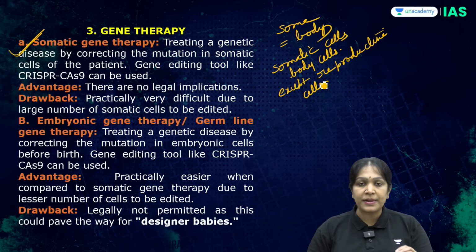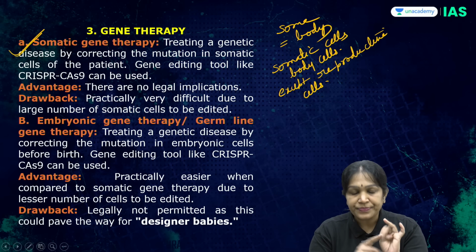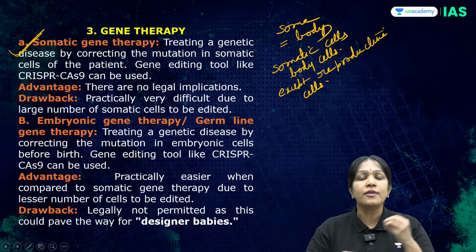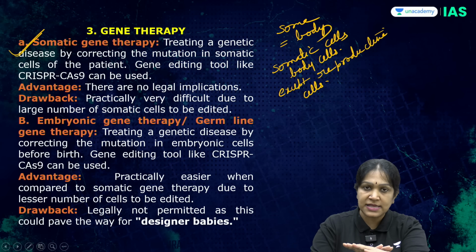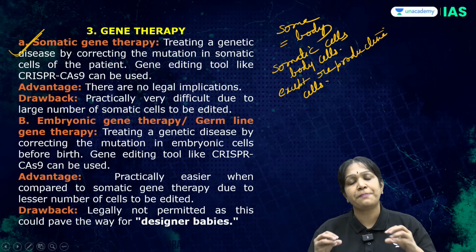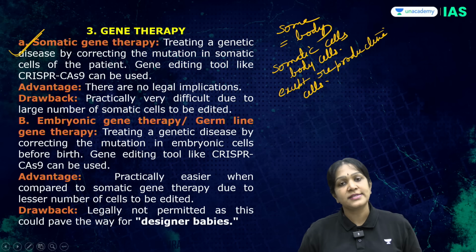For example, egg cell, sperm cell, zygote, these are the reproductive cells. Leave them. Remaining all normal body cells like my skin cell, blood cell, bone cells, liver cells, kidney cells, pancreatic cells, all of them are called somatic cells.